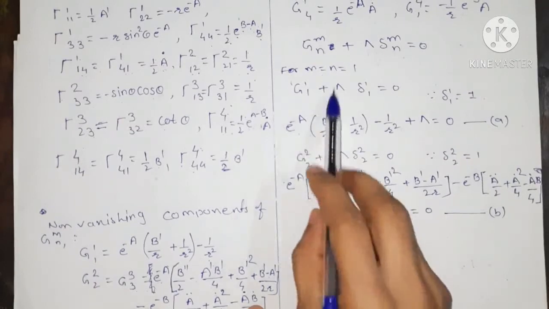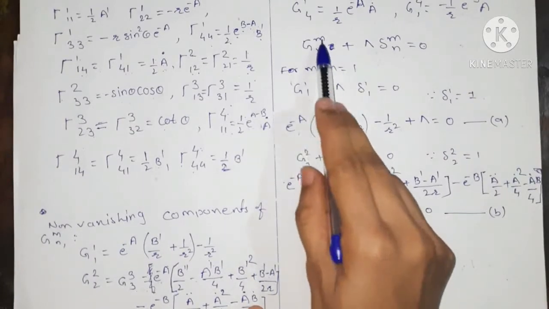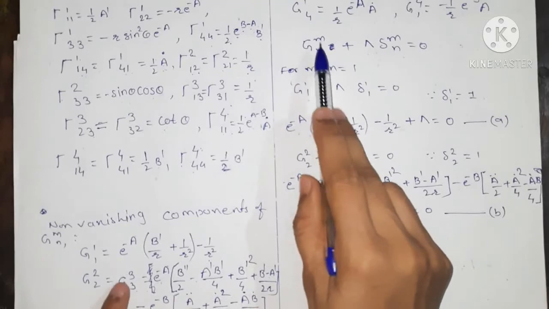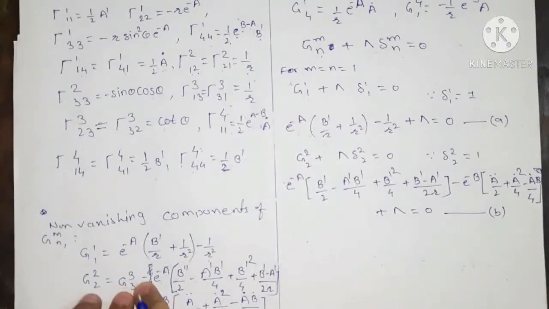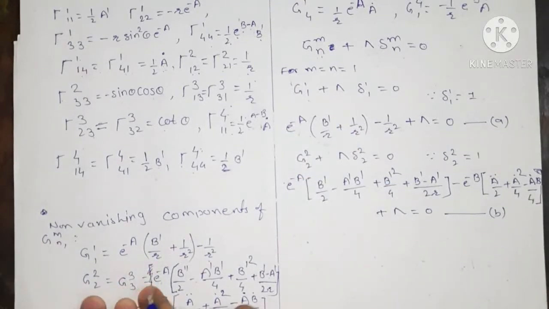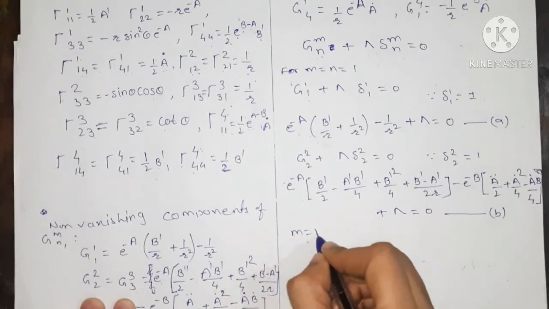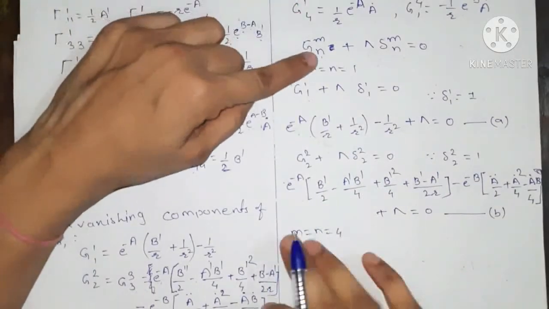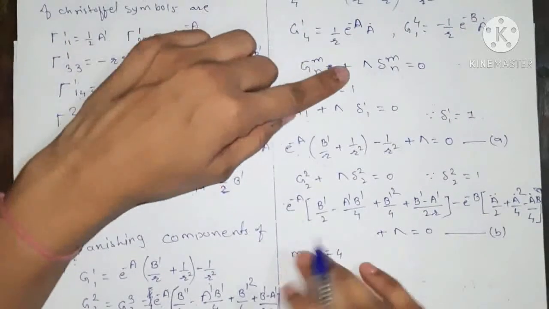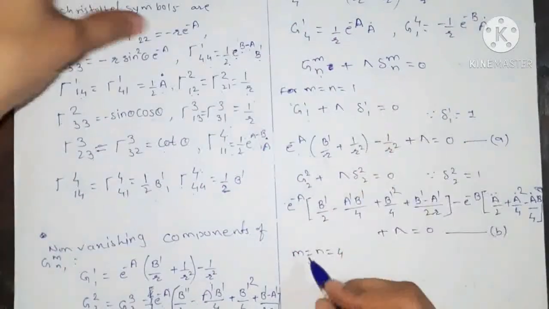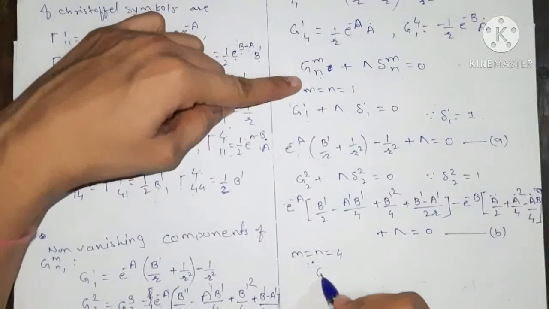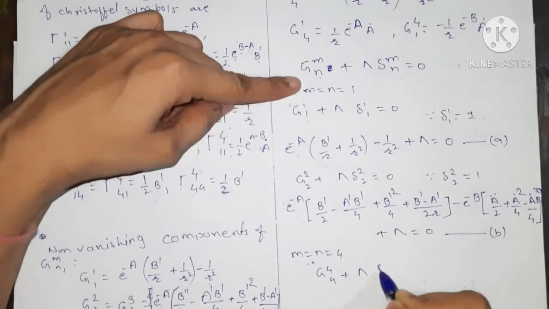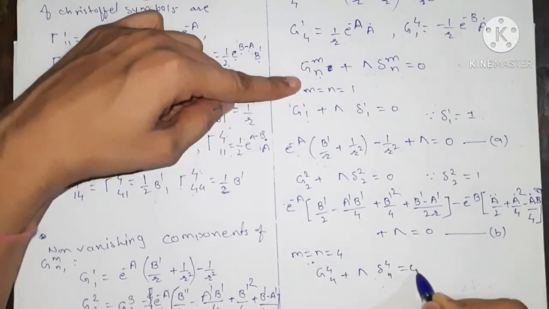Now we substitute m equals to n. If we substitute m and n equals to 3, then this is same as the 433. So we substitute for m equals to n equals to 4. So m equals to n equals to 4, this equation, that is G_mn plus capital lambda delta_mn equals to 0, implies G44 plus capital lambda delta 44 equals to 0.